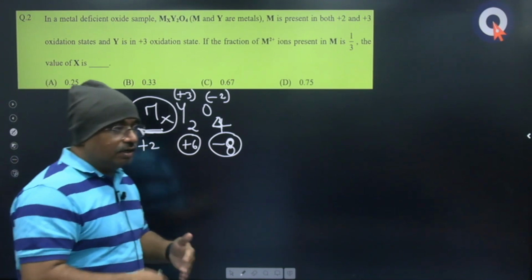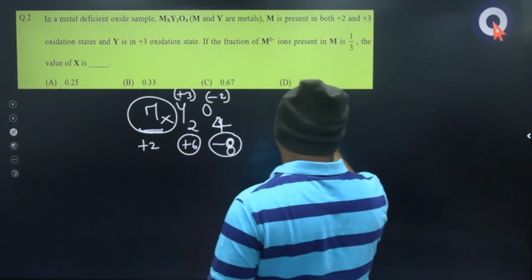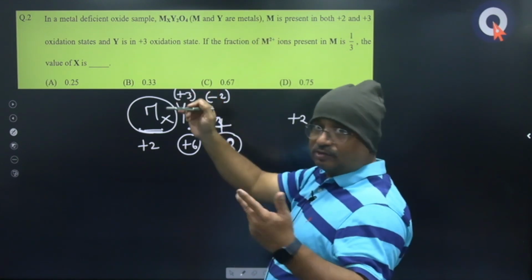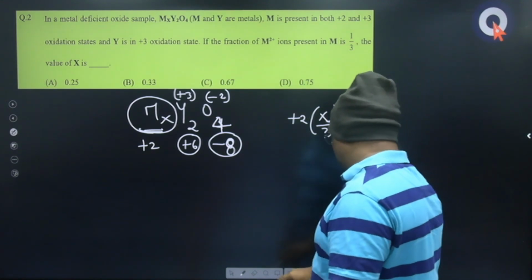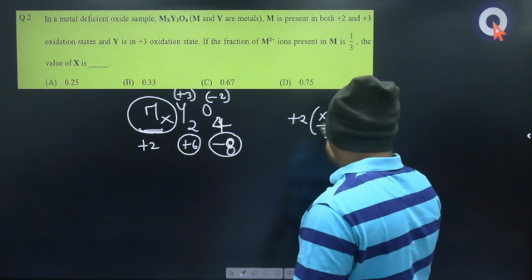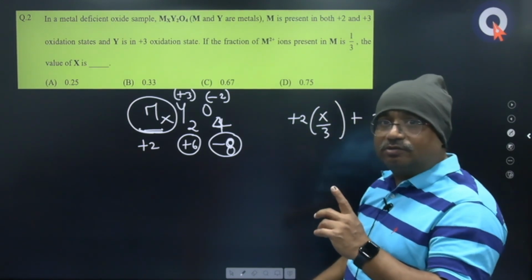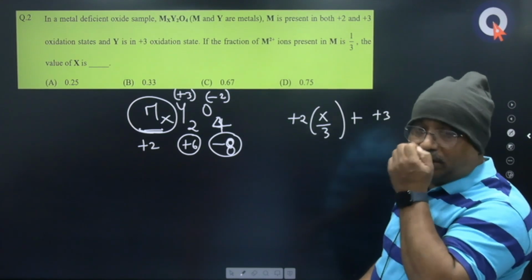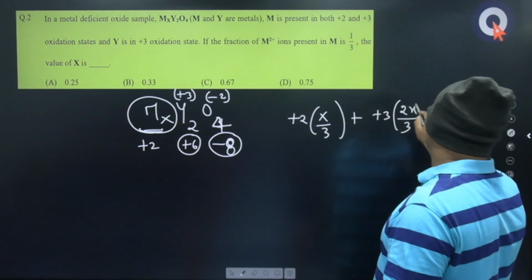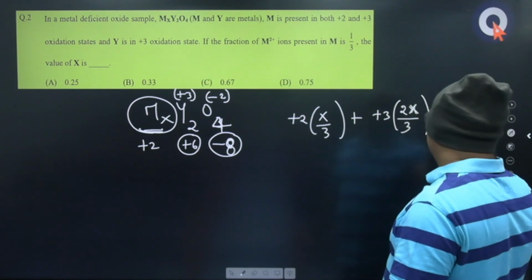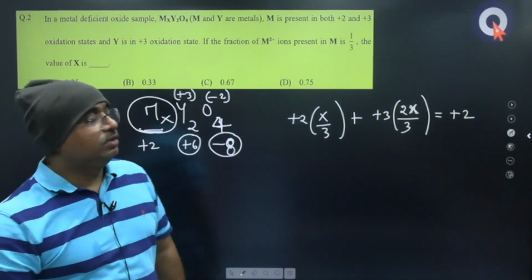The average charge: plus 2 charge is there, and M amount is x, so 1/3 of that is x by 3. Plus 3 charge is there, and the other fraction should be 2/3, so that is 2x by 3. Overall value should be equal to plus 2. So what is x?